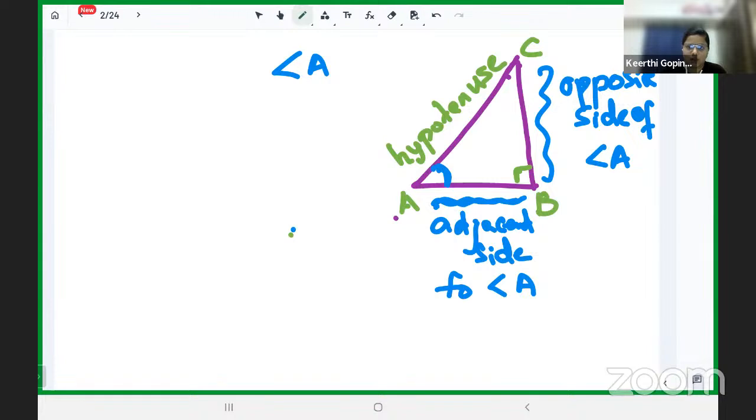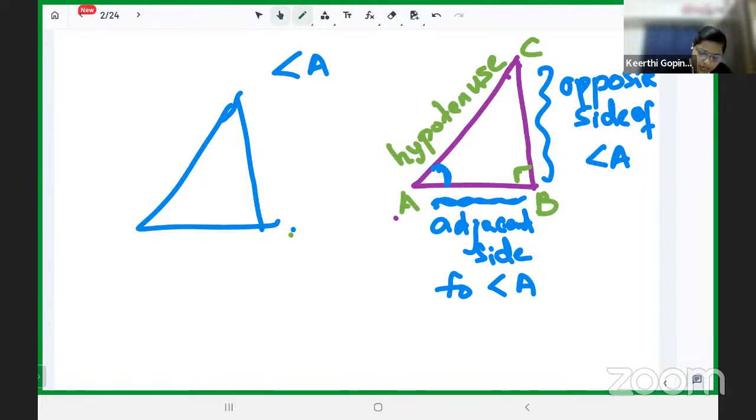Is that clear to you all? What is the opposite side and what is the adjacent side with respect to a particular angle? Now consider the same triangle, but consider angle C. I'm naming it ABC.